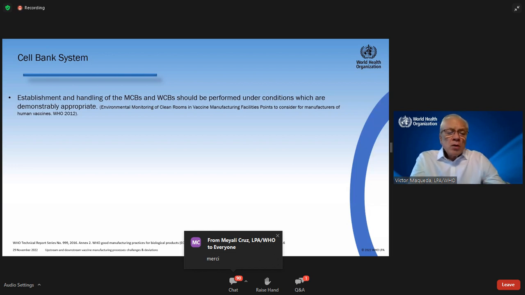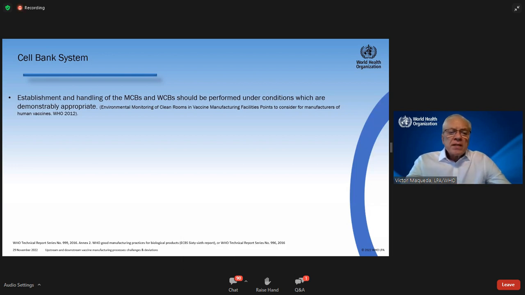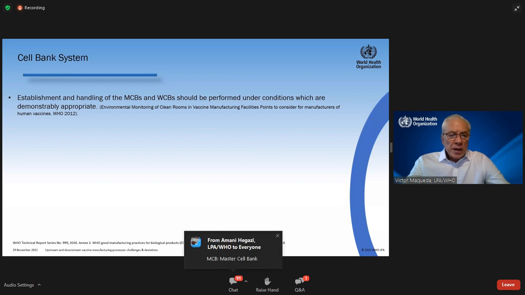Okay, going into some aspects, for example, establishing and handling the master cell banks and working cell banks should be performed under conditions which are demonstrably appropriate. This is a GMP requirement. It just tells you or requires that.